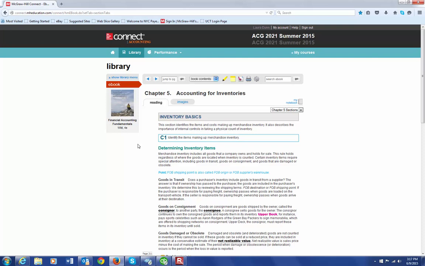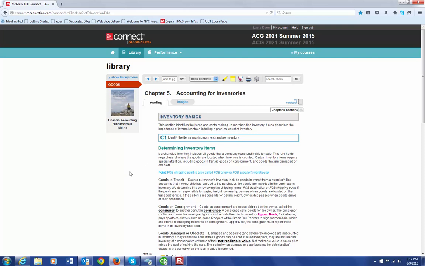You have to pick one and stay with it, and if you do choose to change your method, it has to be disclosed in your accounting statements and explained exactly when you made the change and how it affected your inventory amounts, which also ends up affecting your gross profit and your net income amounts. So accounting for inventories is a bit complicated, but it's extremely important to do correctly so that you arrive at the correct amount of net income at the end of each period.